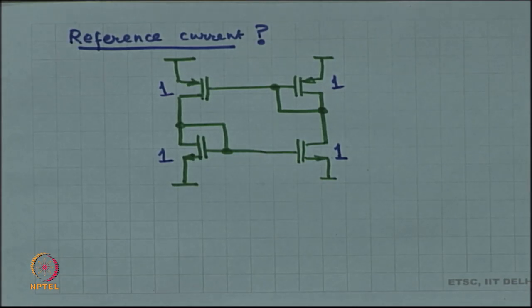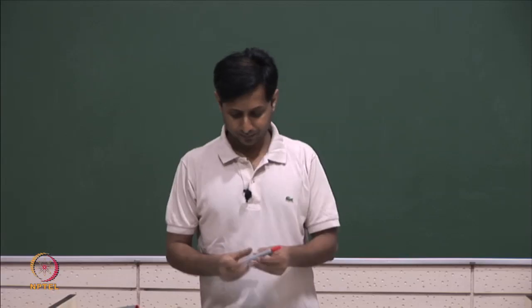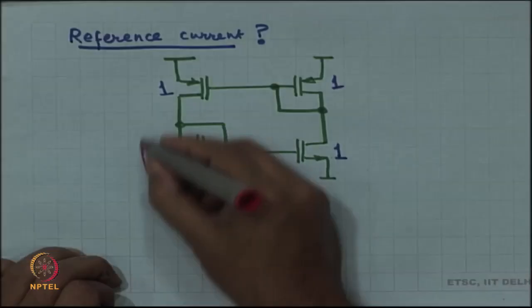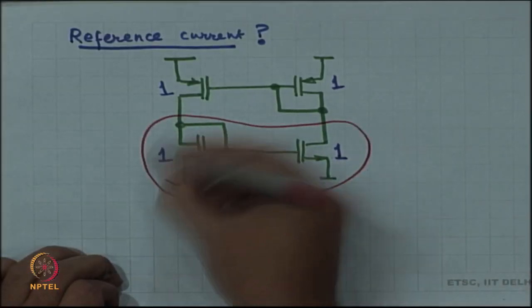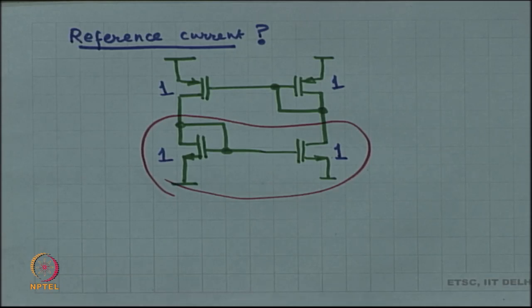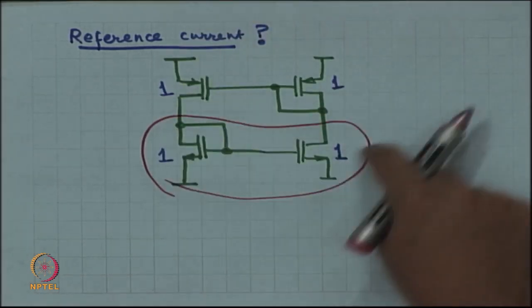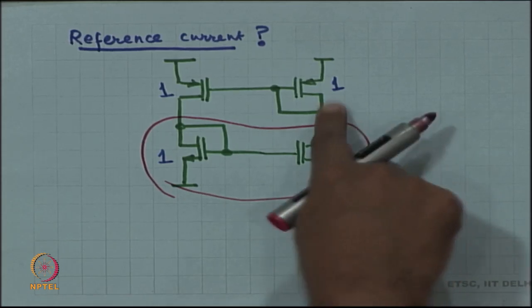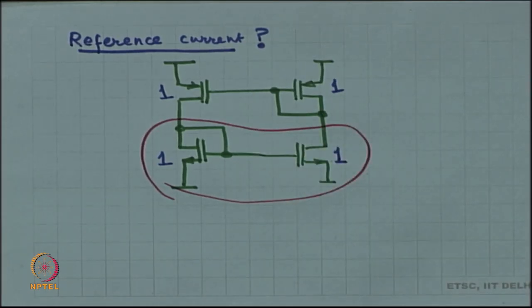Alright, by the way, I need you to now start remembering things. Okay, when you see this, what is this? This is a current mirror, current coming in over here, current being created on the other side. Alright, I need you to remember these patterns in the circuits, okay?